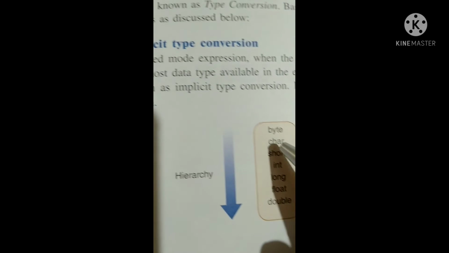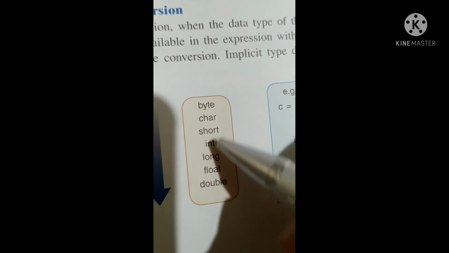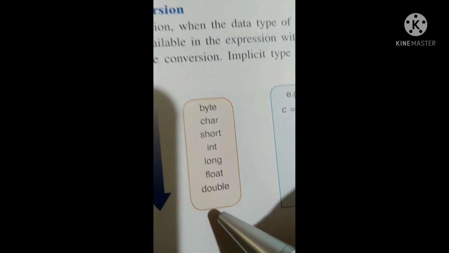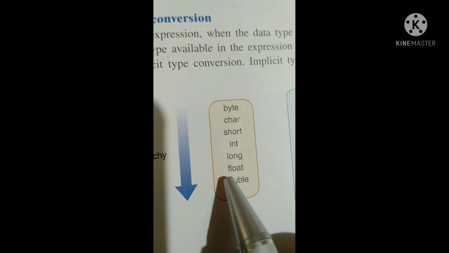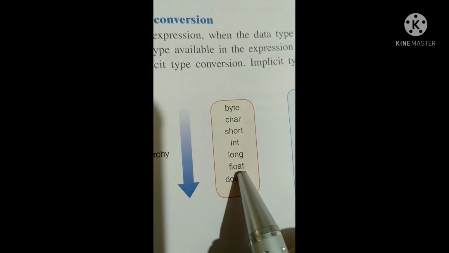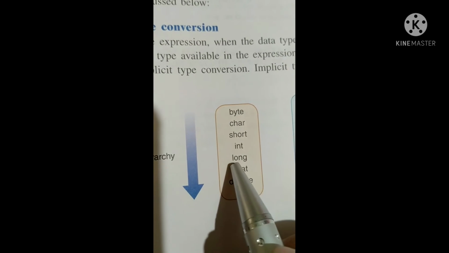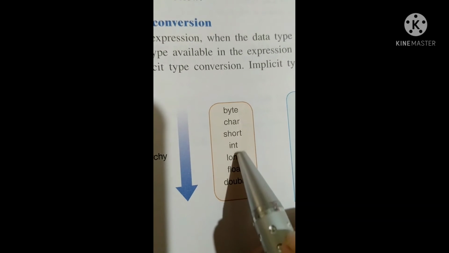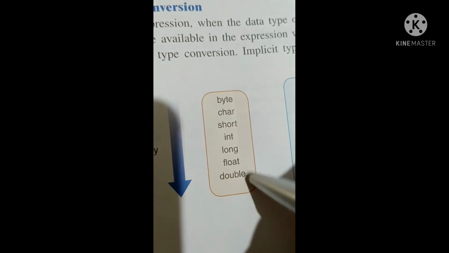In the hierarchy you can understand, the highest data type is double, the second highest is float, the third highest is long. Like this, the list is given here, the hierarchy of data types. So double is the highest data type.